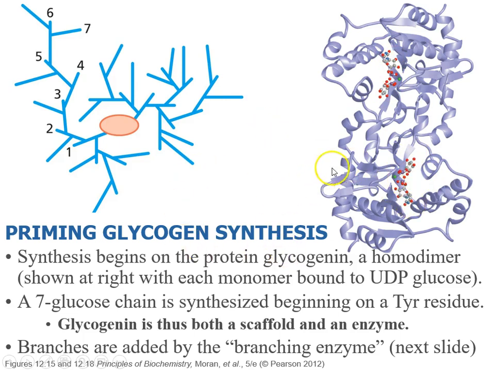So what happens is there's a tyrosine that is shown. It's kind of hard to see, but there's a tyrosine on the protein, and tyrosine, remember, has an OH group. So what you can do is you can start building your glycogen on the tyrosine. So the glycogenin, it's an enzyme, but it's also a scaffold.